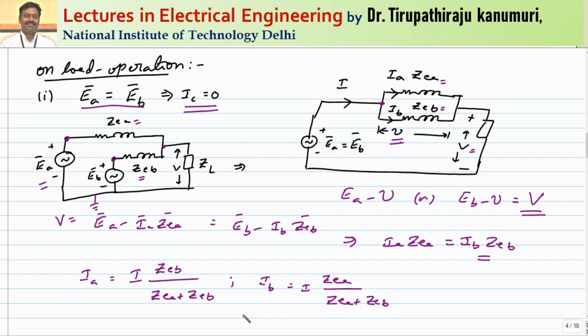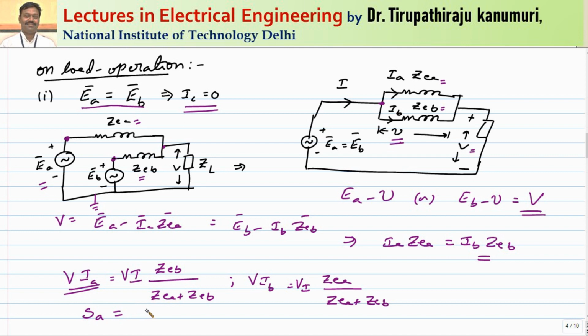You agree with me? So on both sides I am multiplying with V for both these equations. So V multiplied by IA will be the power that is supplied by the transformer A, which I am representing with SA.